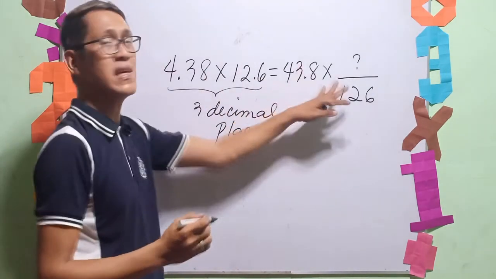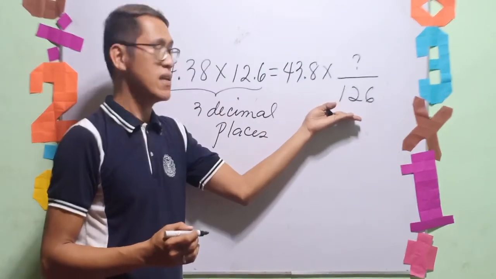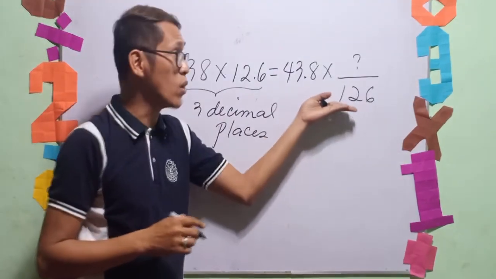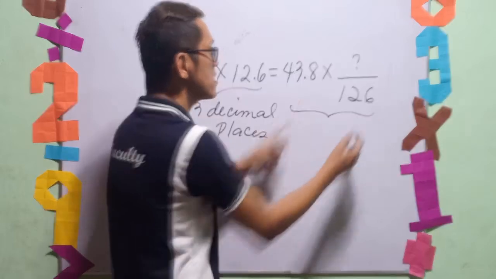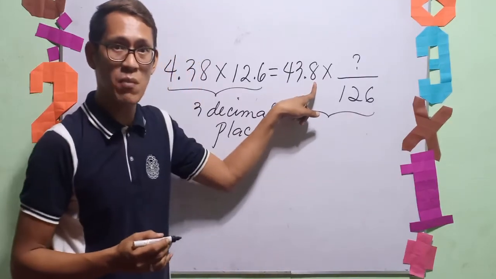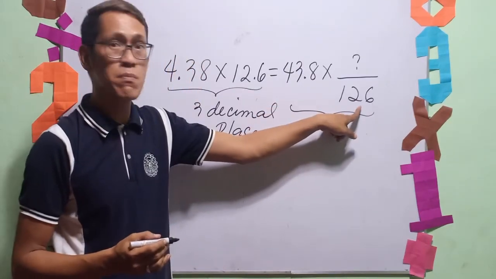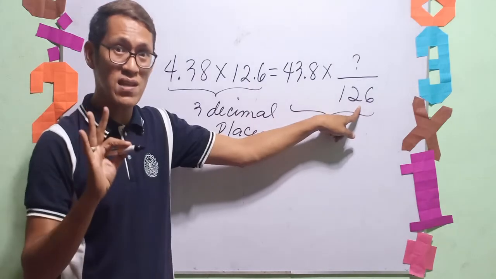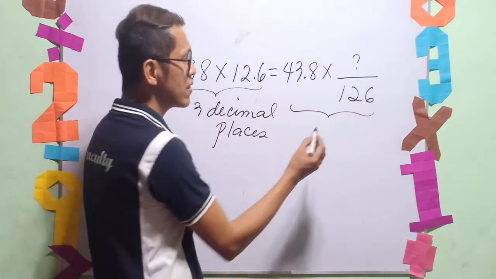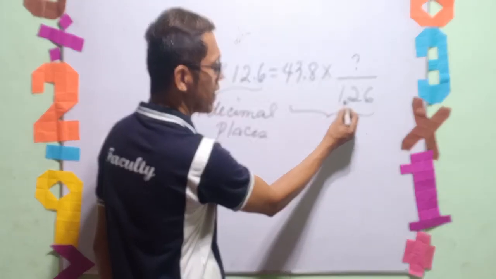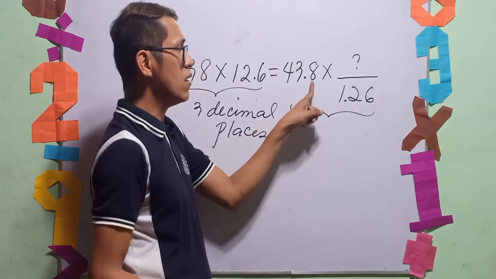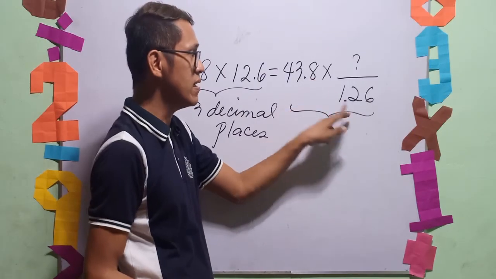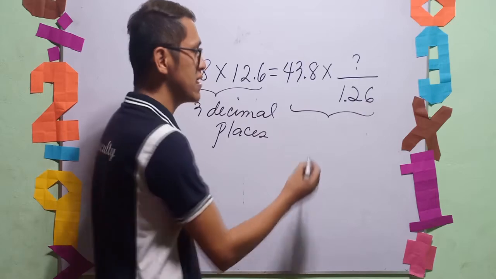So to make them equal, there must be 3 decimal places also here. Since you already have 1 decimal place, there must be 2 here to have 3 decimal places. So the decimal point must be placed here. So you have 1 decimal place here. Here you have 2 decimal places.